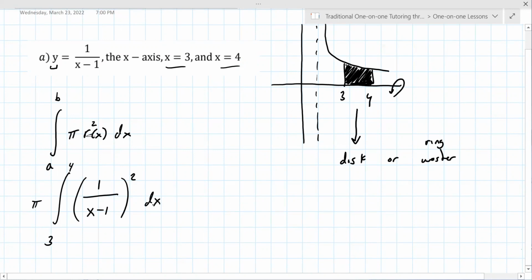Okay, how would you integrate this, I guess, or what do you see when you look at this problem here? Any idea how to proceed?